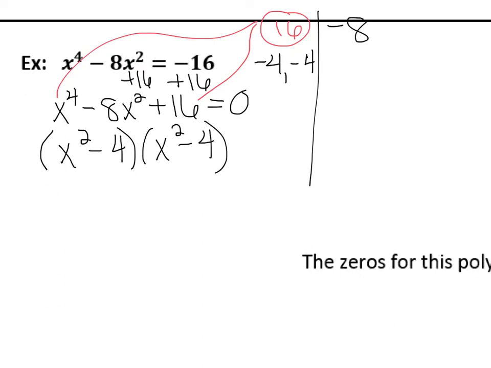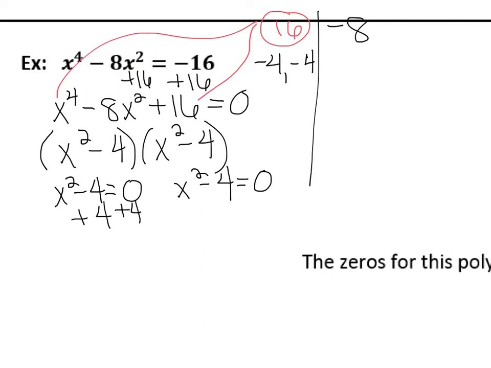Now, since each parenthesis is the same, when we set them equal to 0, we don't actually have to solve both of them. So we would add 4, x squared equals 4. Remember, if it's an x squared, the opposite of squaring something is the square root. So we're going to square root both sides.